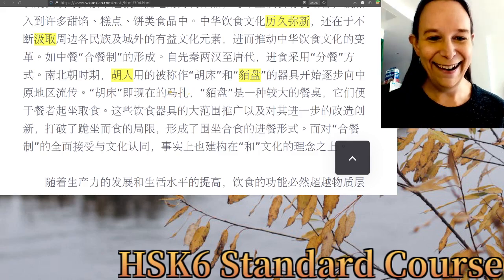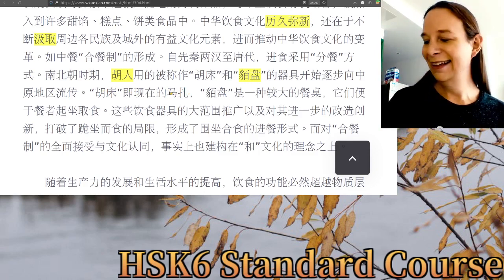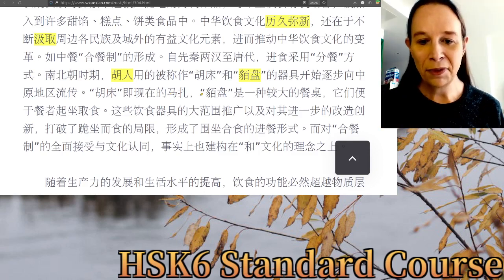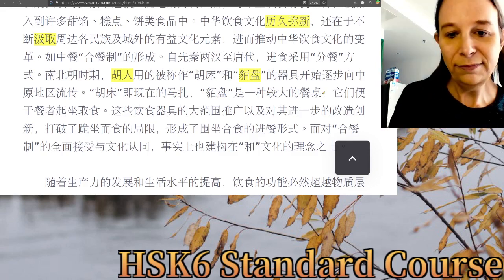Look at that, there you go. Okay, 胡传 is now called 马扎. Yeah, I always thought it was called 马扎. Okay, now I know what it is. 磨盘是一种较大的餐桌。I don't know what that is.